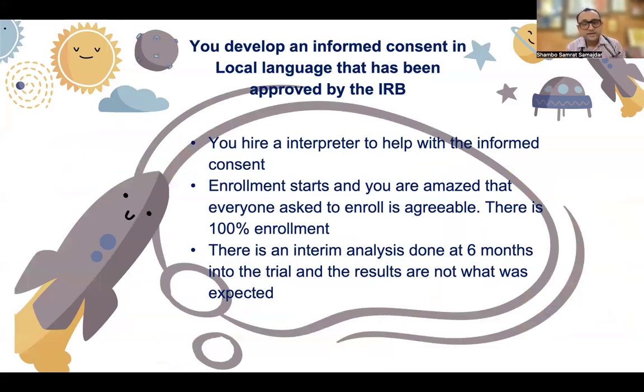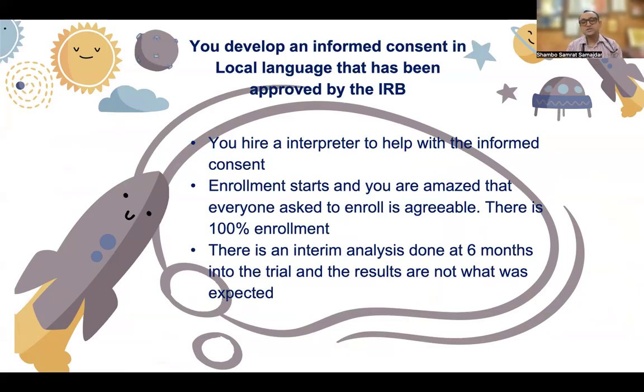So you develop an informed consent in the local language that has been approved by the IRB. You hire an interpreter to help with the informed consent. Now enrollment started. You were amazed that everyone asked to enroll is agreeable. There is 100% enrollment.